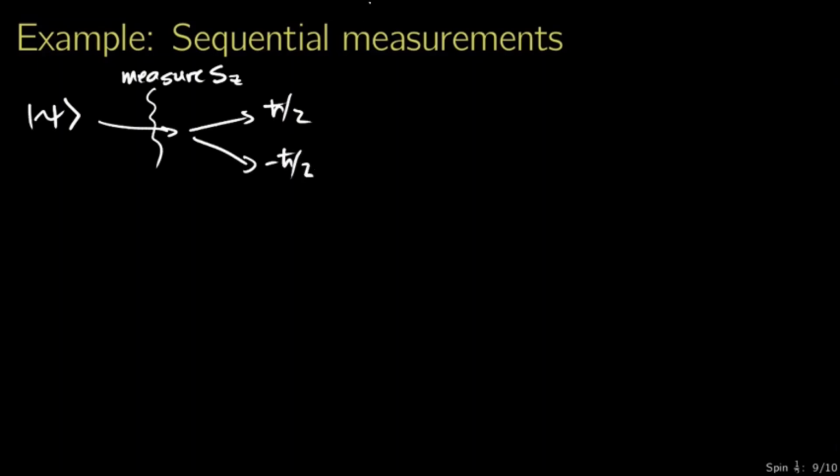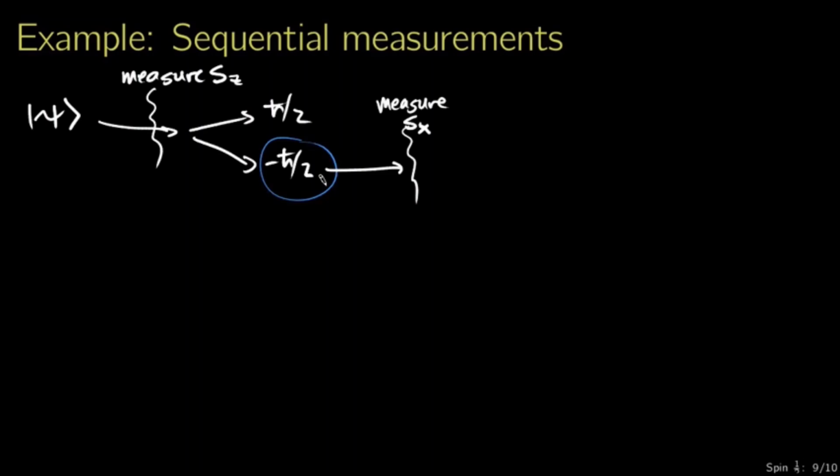Suppose I get minus h bar over 2. If I take this state and I go to measure the x component of the angular momentum now, I've measured S sub z and I've gotten minus h bar over 2.